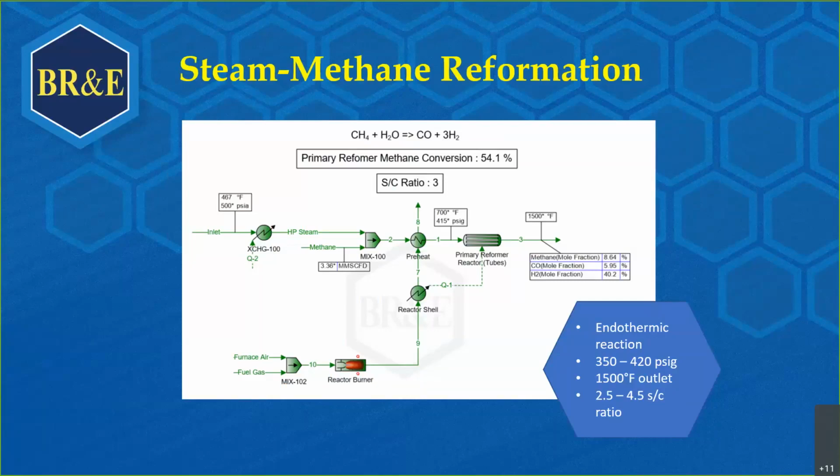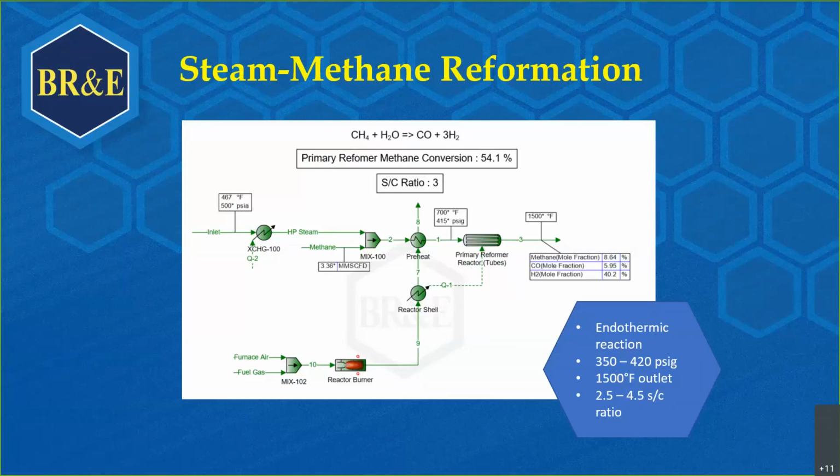So what we're going to be looking at is the inlet steam with our methane natural gas sent through our reformer tubes. This reaction that takes place in the reformer is an endothermic reaction. So therefore a high temperature is going to give us better conversion. That's something that we're going to want to keep in the back of our mind.